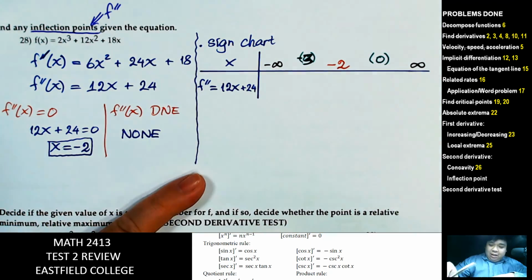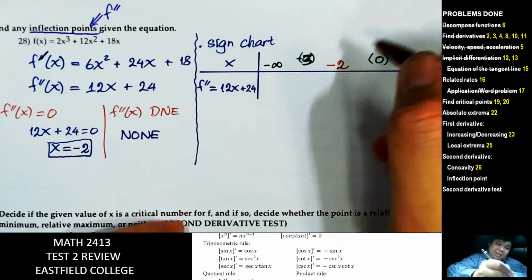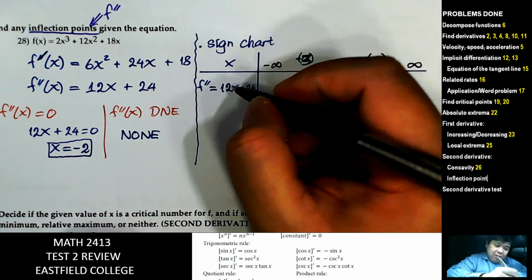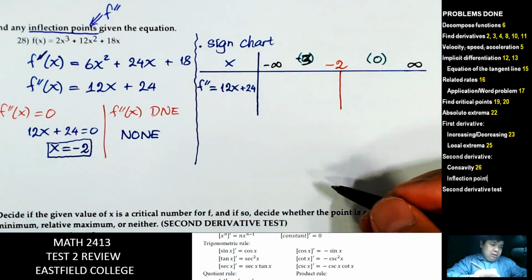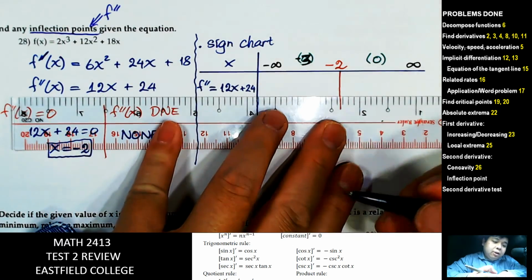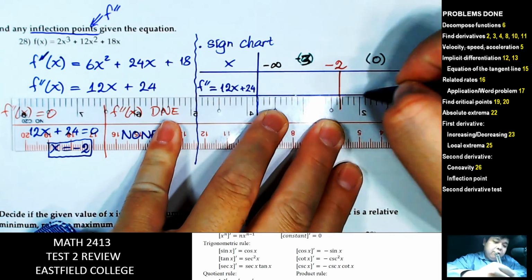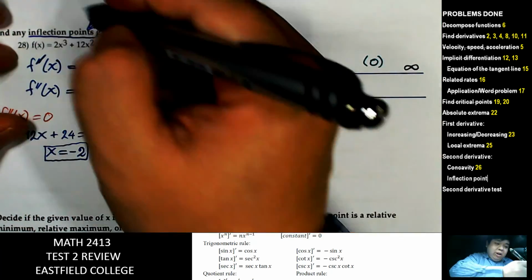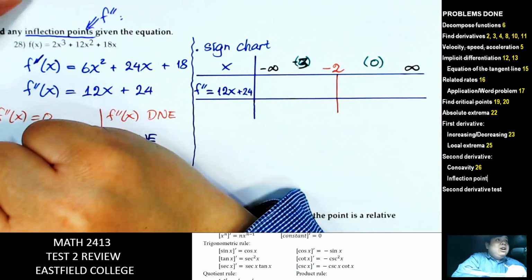Sorry, the -2 will divide the number line. Right. So before we do this, just go back to where we have the inflection point.